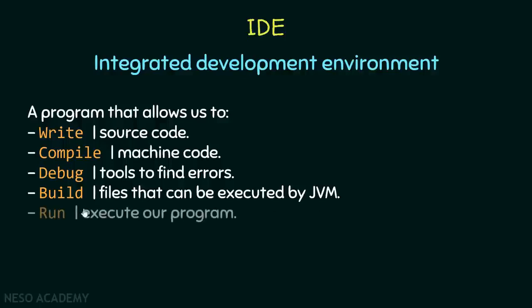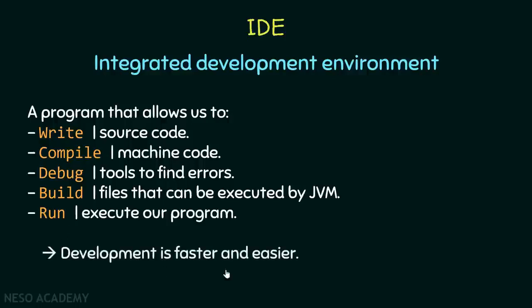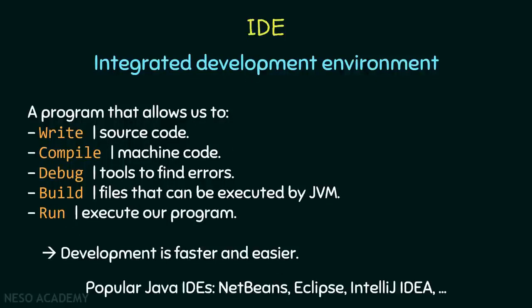And finally, we can run our program from within the IDE, so we can see our program in action. So as you can see, this will make the development process faster and easier. All these tools are found inside one place, which is the IDE. For example, NetBeans, Eclipse, IntelliJ IDEA are some popular Java IDEs. And in this course, we are going to use IntelliJ IDEA.